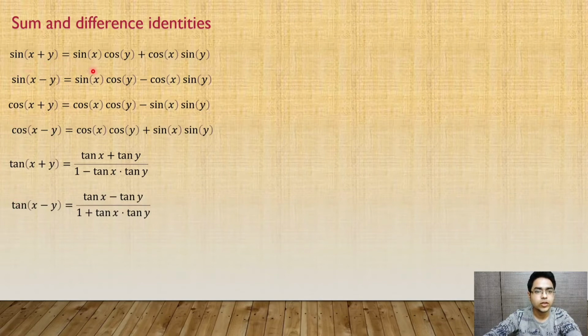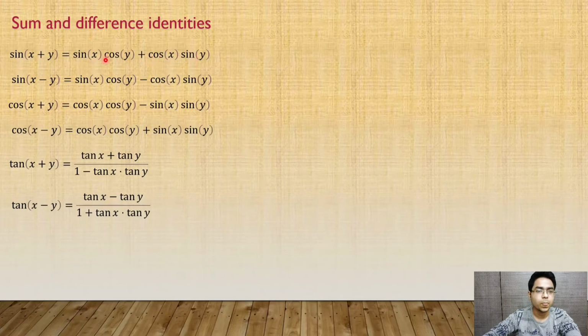See, for sine of x plus y, you can remember sine into cos, first x then y, with the plus sign, and for the next bracket it will be cos of x into sine of y. Here cos will come and here sine will come.